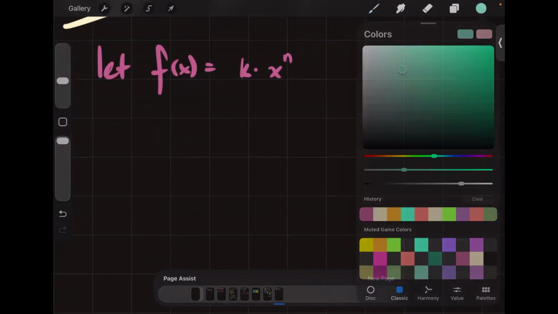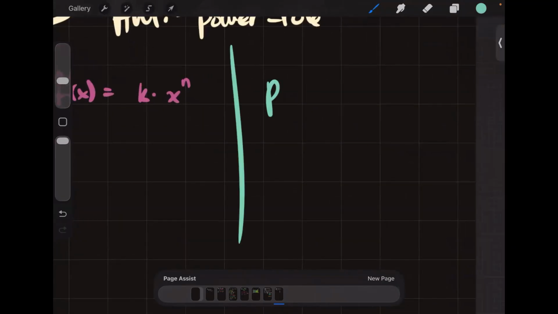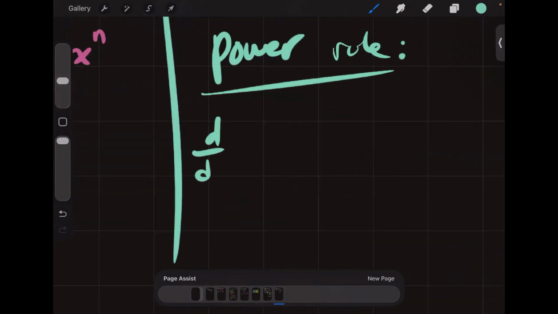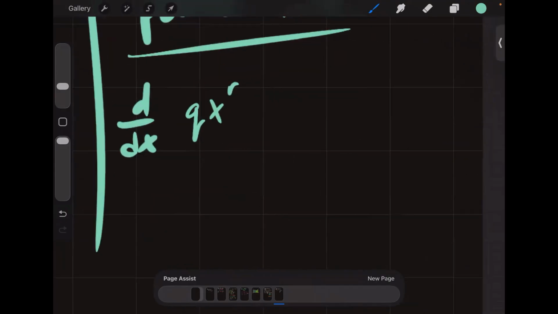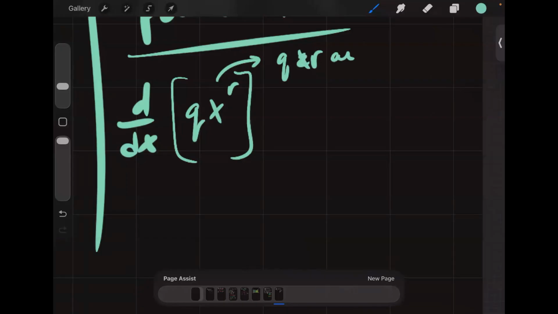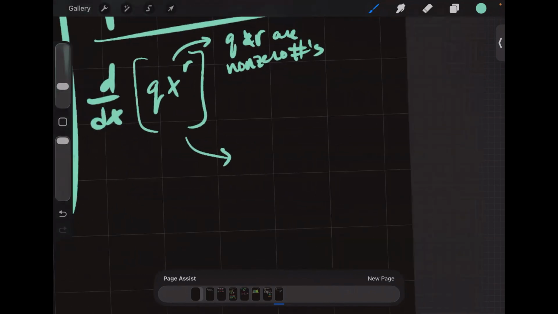If we go back to our power rule really quickly, right? We'll remember that the derivative of q x to some other number, let's call it r, where q and r are non-zero numbers, you get its derivative as q times r times x to the r minus 1.